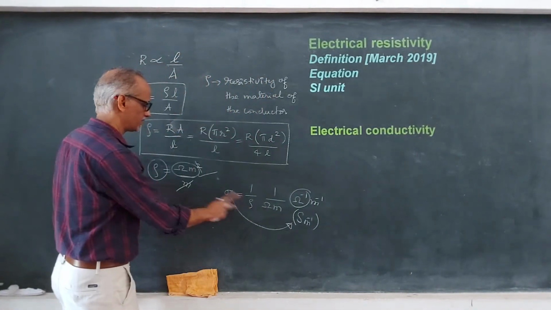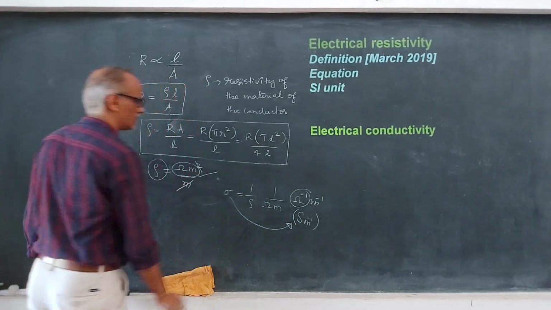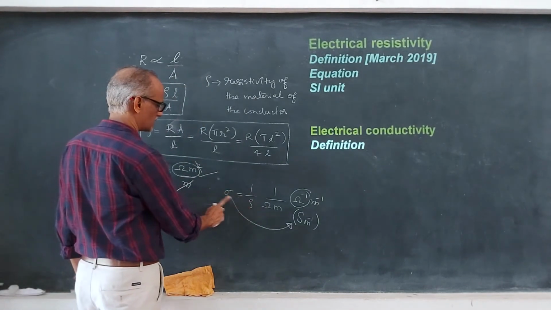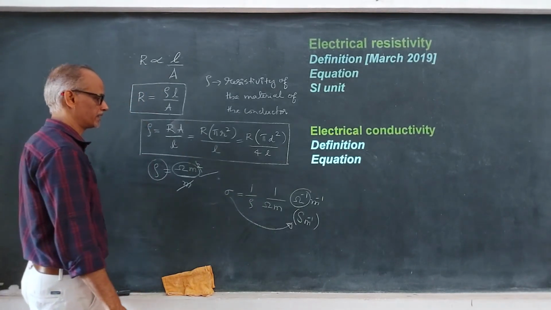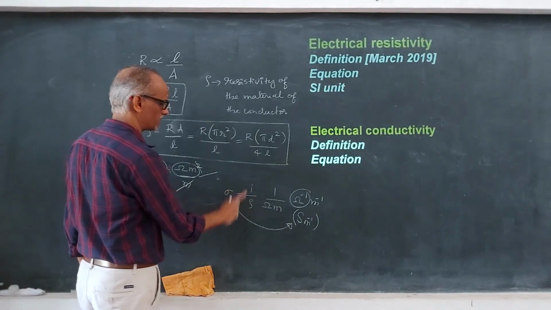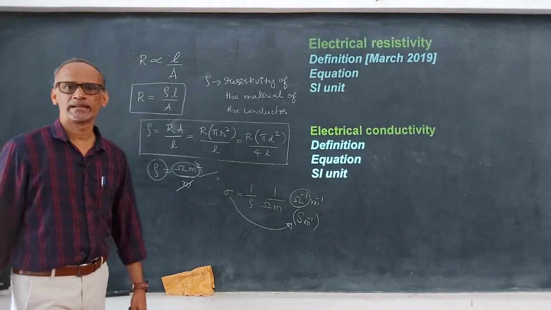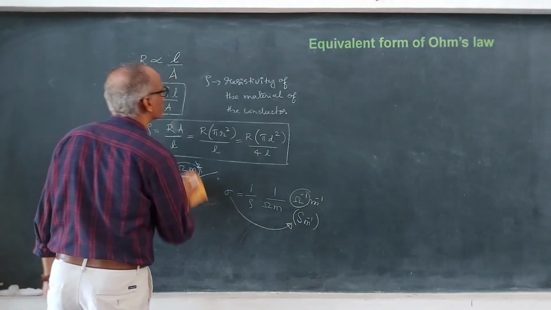So that is how we define conductivity and resistivity. The definition is that the reciprocal of resistivity is called conductivity, and the equation is sigma is equal to 1 by rho, and the SI unit is Siemens per meter.